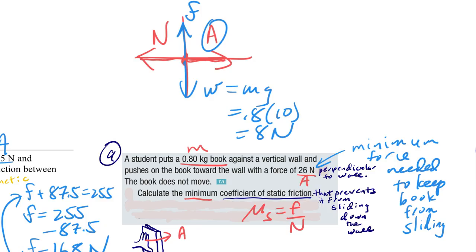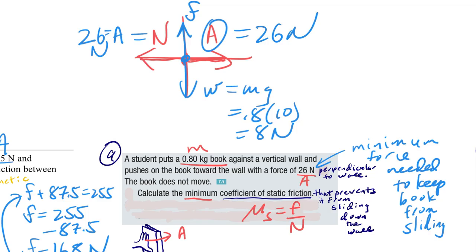So let's figure out. That applied force is 26 newtons. Because I'm pushing the book, the wall's pushing back with an equal amount of force. So the normal force equals the applied force, which is 26 newtons in the opposite direction.